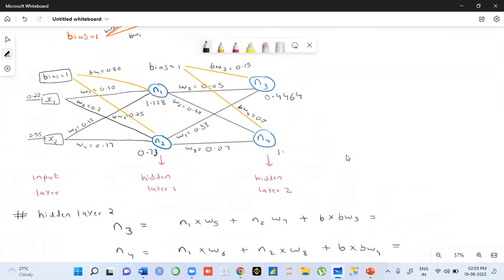Do you want me to solve? 0.4470 around. 0.4473, no? I'm getting 0.4474 exact on your mobile phone.